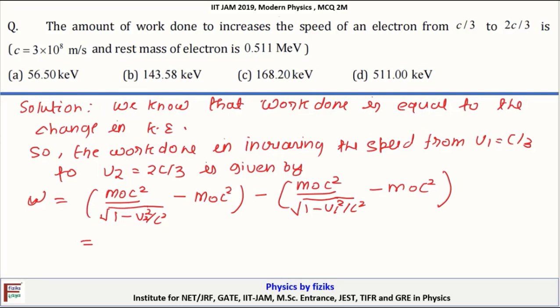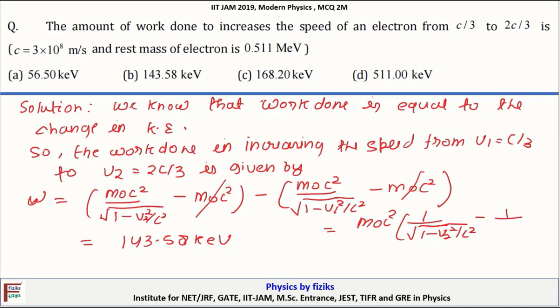Substituting this value, we got W equals 143.58 kilo electron volt. So this m0 c square would cancel out. I can write that m0 c square can be taken as common, times 1 over root of (1 minus V2 square by c square) minus 1 over root of (1 minus V1 square by c square). So by substituting this value, we get this result.